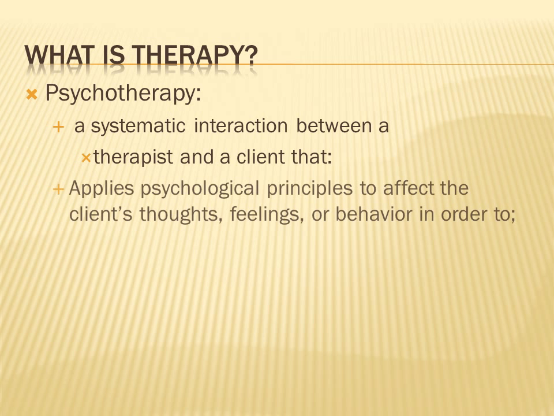It will apply the psychological principles, stuff we have learned in psychology, through psychotherapy, with a goal. And that goal is to affect the client's thoughts, feelings, and behaviors in one way or another, in order to address certain categories of problems, which will also therefore be certain categories of people, psychologically speaking.